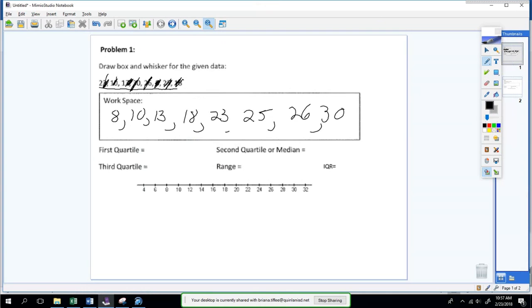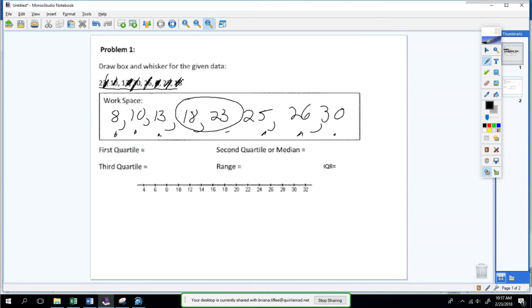The first thing you're going to do is find your median. The way you find your median is you find the middle of the numbers. So I do one here, one there, another side. I have 3 dots, so I'm in between 18 and 23.